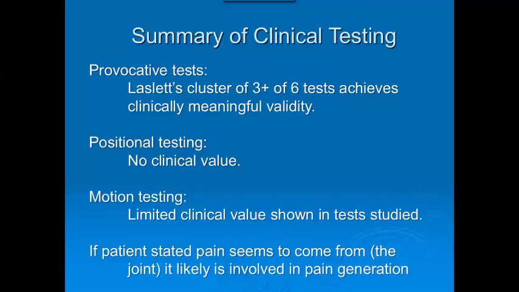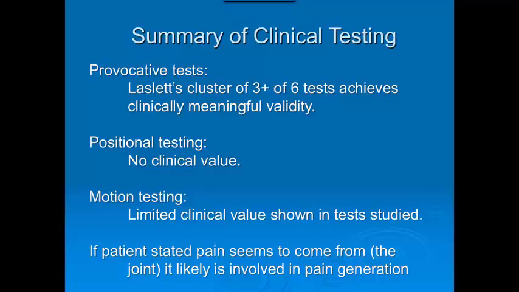In summary of clinical testing, for provocative tests of SI joint pain, only Laslett's cluster of 3 or more of 6 tests achieves any meaningful validity. With regards to palpational positional testing, there is no clinical value shown.